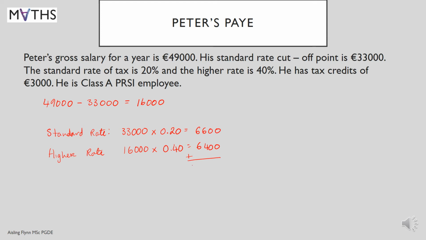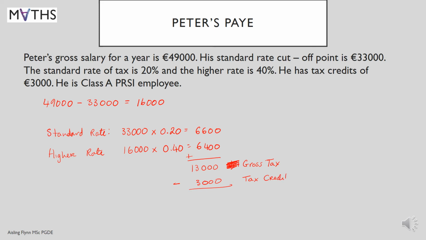Now that's our initial tax bill if we add these two together, and we get €13,000. This is what's known as gross tax, that's tax before it's been altered, the initial tax bill. But we've learned that he doesn't have to pay all of that. He has a tax credit, so we'll take that out.